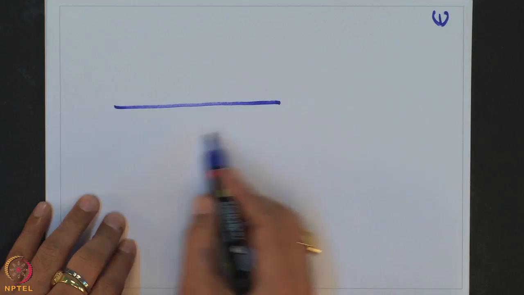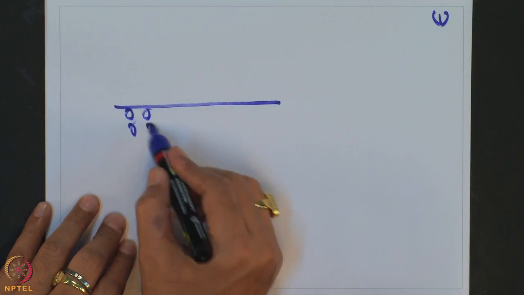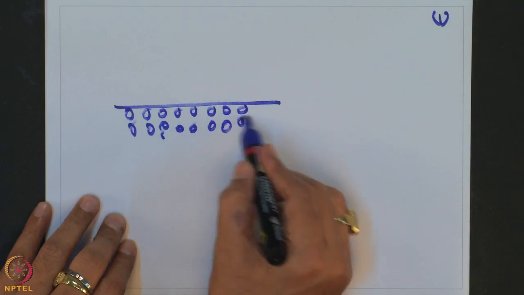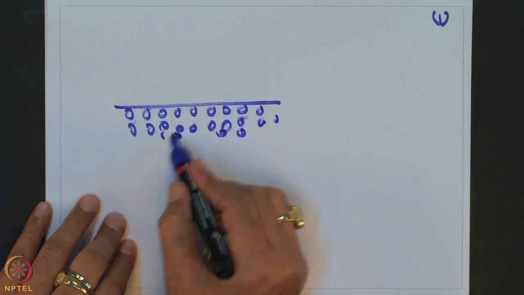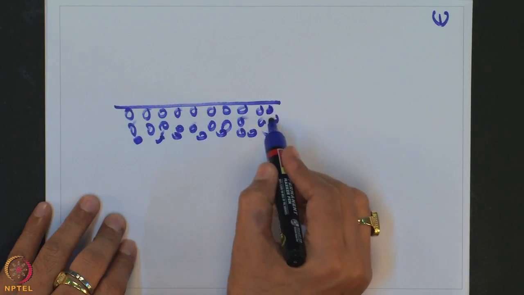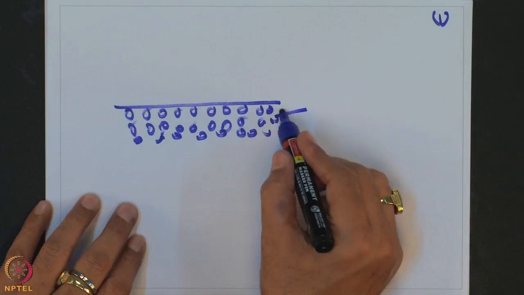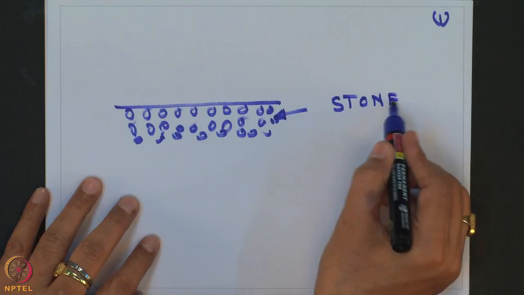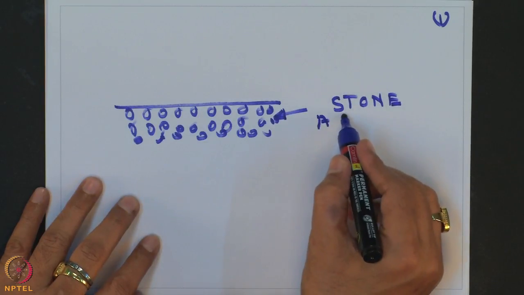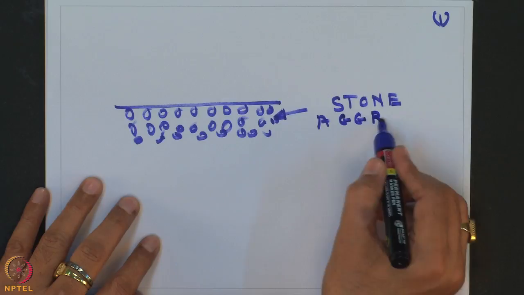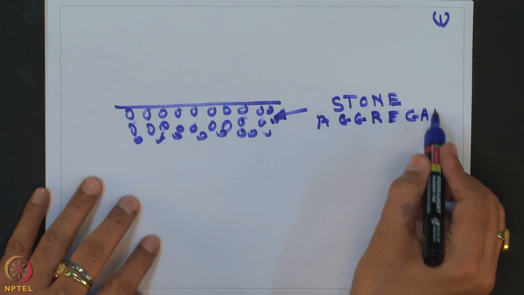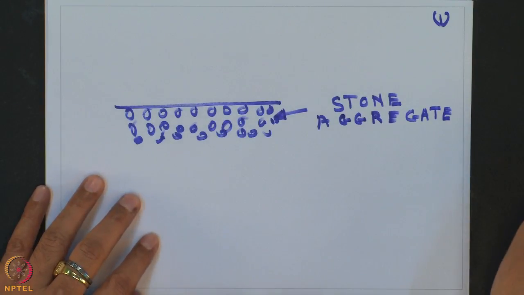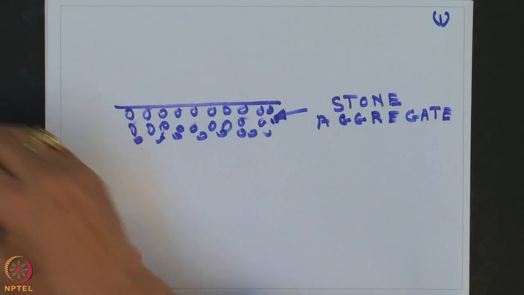this is the road and this is the stone aggregate. This is the stone, this is the stone aggregate. And you place the geotextile material.